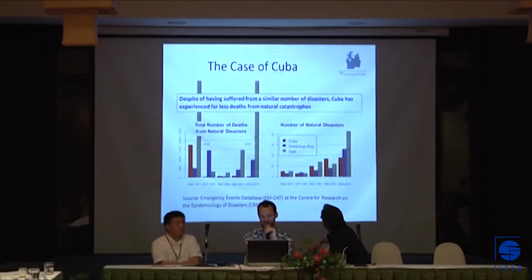Ever since you see the high red bar on the very left side here. This was Hurricane Flora in 1963, which for Cubans, right after the revolution, became kind of a tipping point for social change. Hurricane Flora had quite a strong impact and caused about 1,200 deaths. There are several different estimates of how many people actually died.